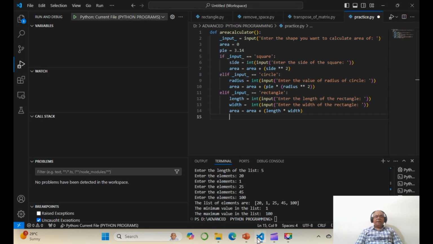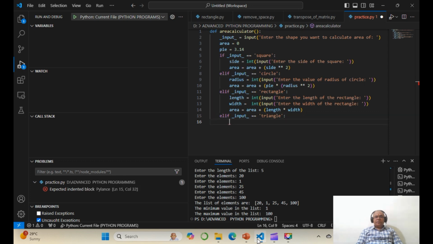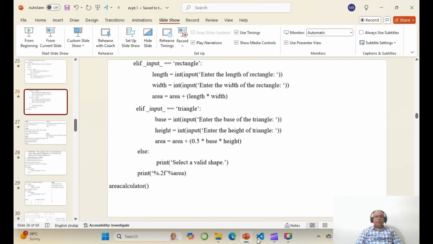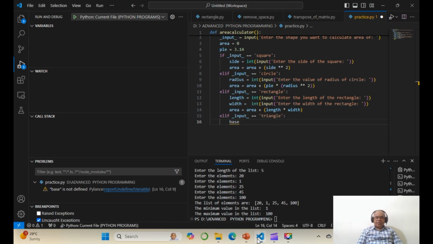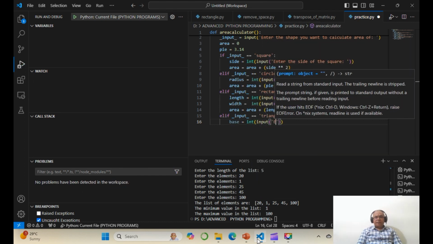Okay, then elif shape_input equals triangle. If this condition is true, base equals int input, enter the base of the triangle.